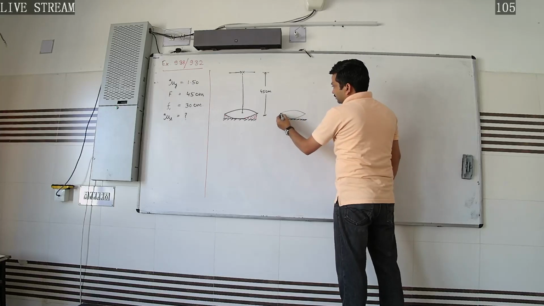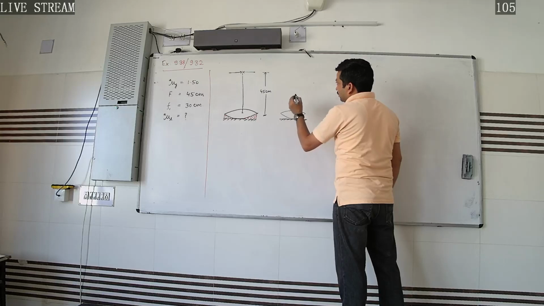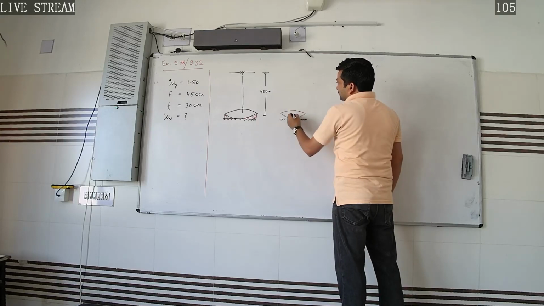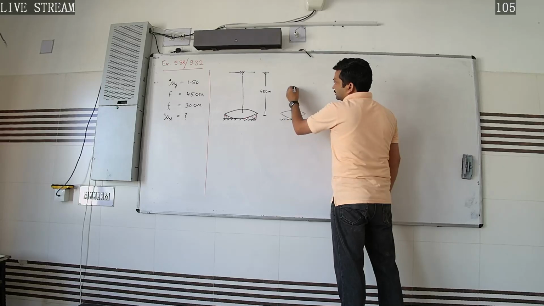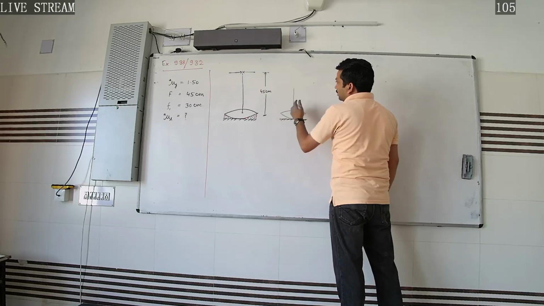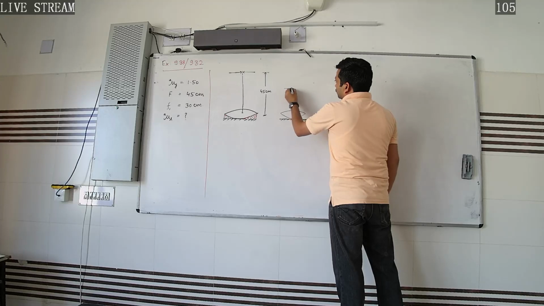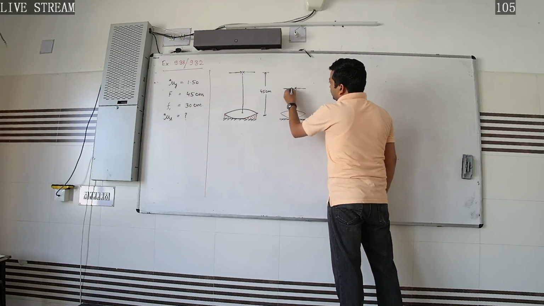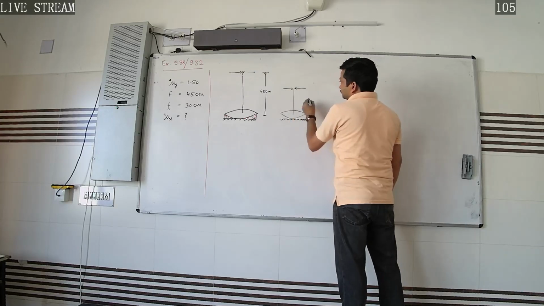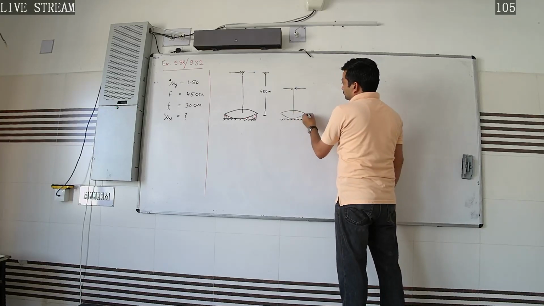In this way, the liquid is removed now and the lens is placed. Now the distance of the needle comes out to be 30 centimeter. Now the parallax is removed at a distance of 30 centimeter in this way.